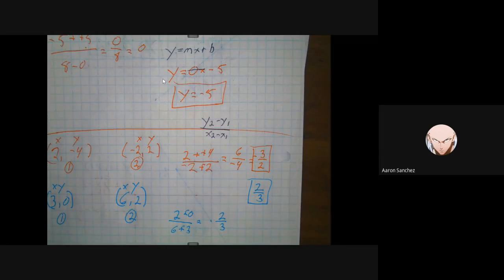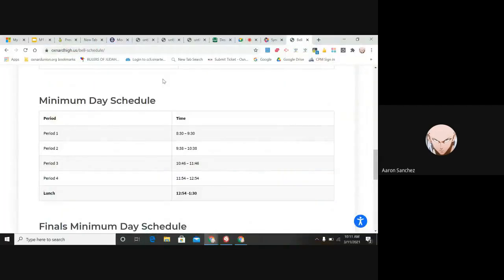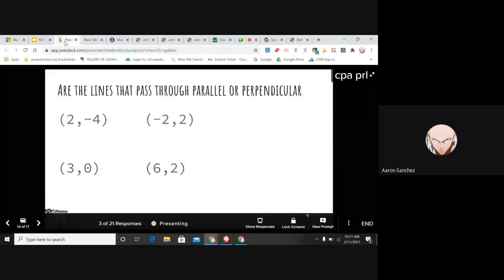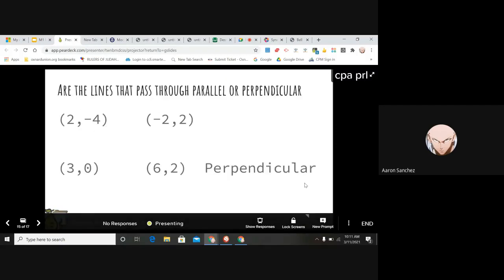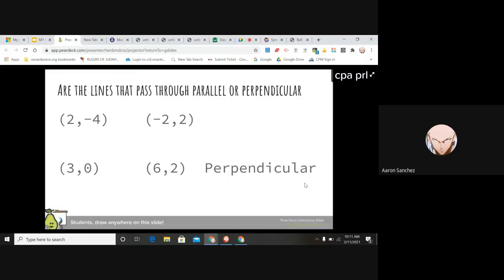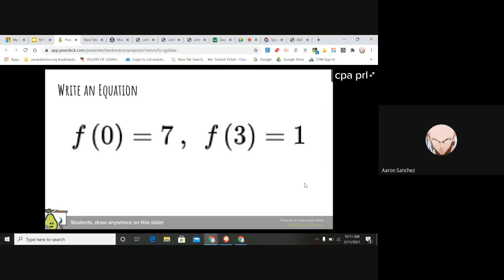Okay. All right. Let's go to the next one. So they are perpendicular. Okay. Here's the last one. Let's write an equation for this.